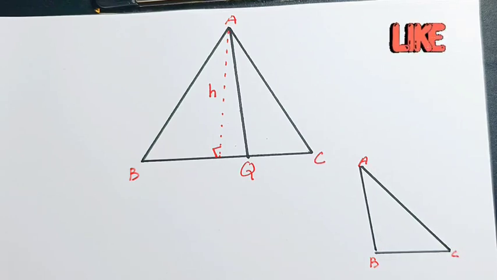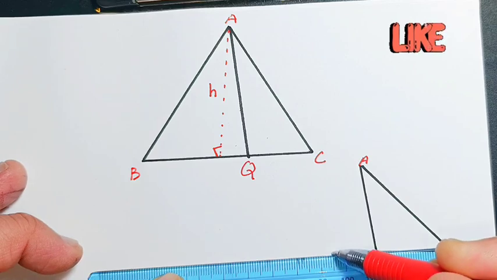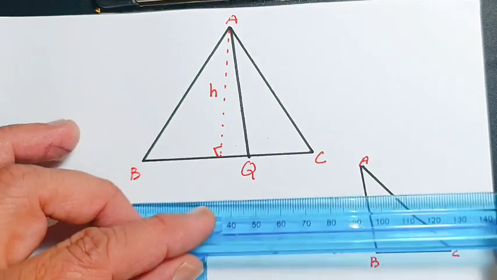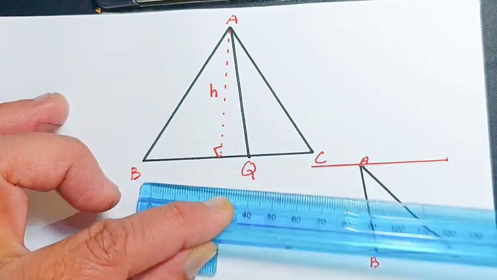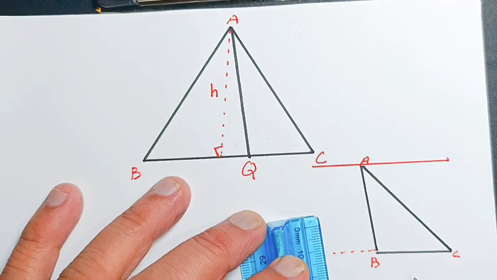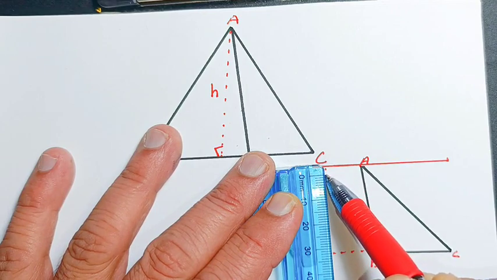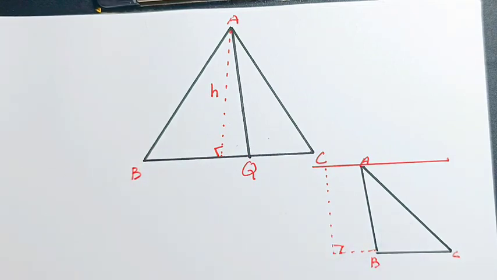So I'm going to extend the base here, and then draw a line on the top parallel to the base, and now draw a straight line from the top right down. That is going to be my perpendicular height. I'm not changing anything here. I just want to find the perpendicular height, so I'm not changing the length of the base.